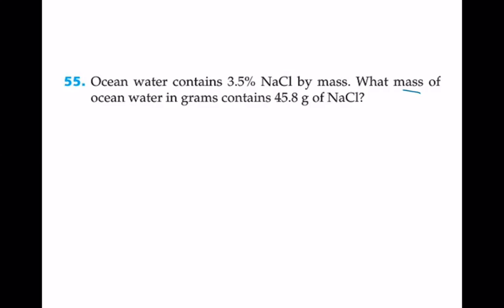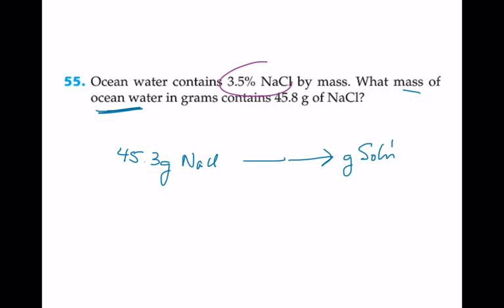The ocean water is the mixture, so basically grams of solution, if you have 45.3 grams of NaCl. You should be able to accomplish that just using the 3.5 grams of NaCl per 100 grams of solution. So, any questions about all those?